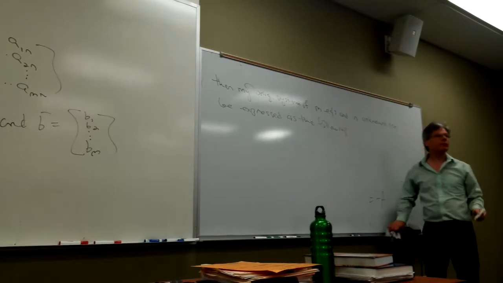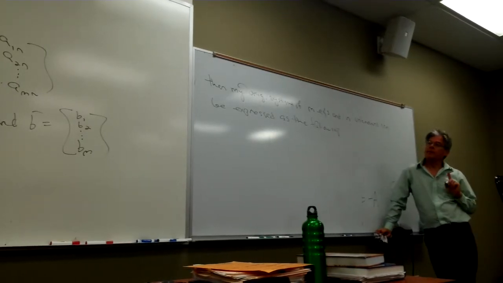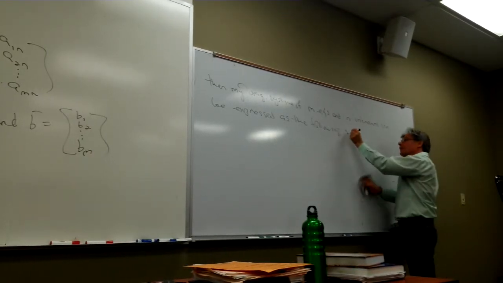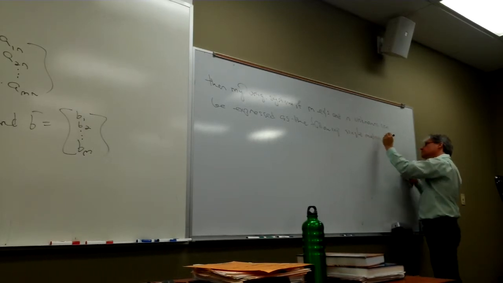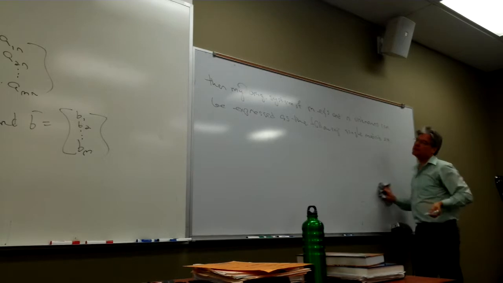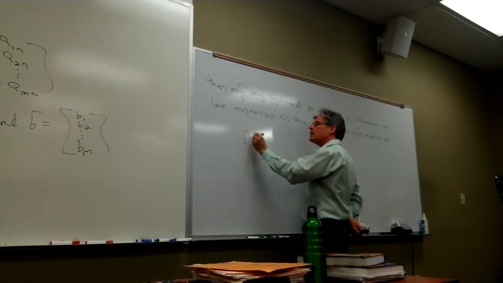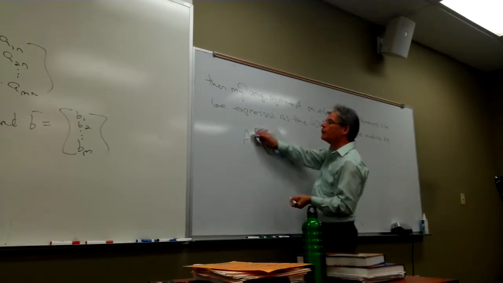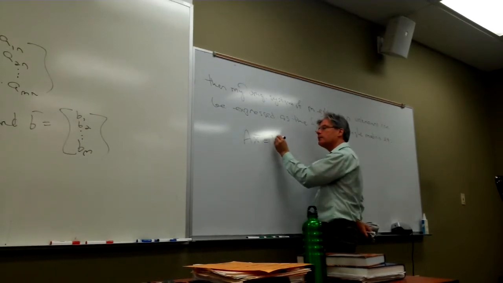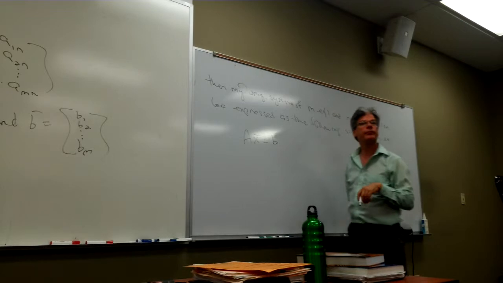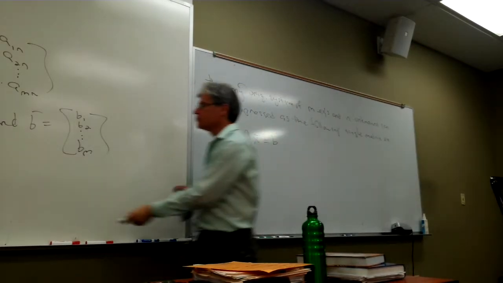You guys, this is kind of really slick. It'd be expressed as the following single matrix equation. Namely, if I take my A coefficient matrix, multiply by my x bar column vector, I think I'm going to get the b bar column vector right back. You think about it, watch.